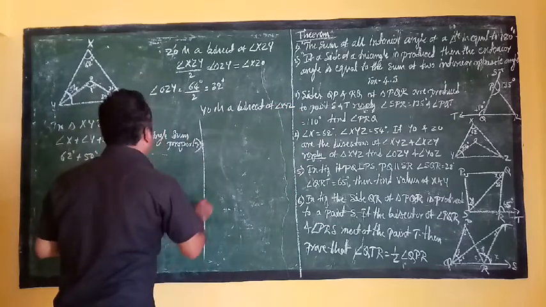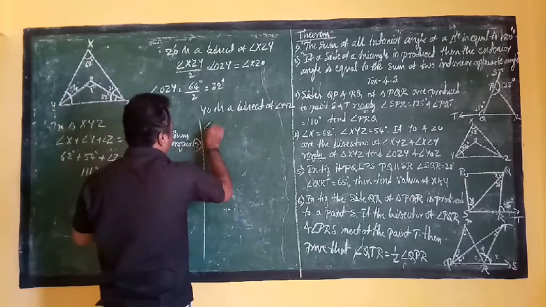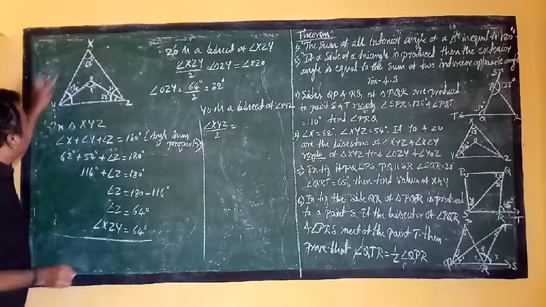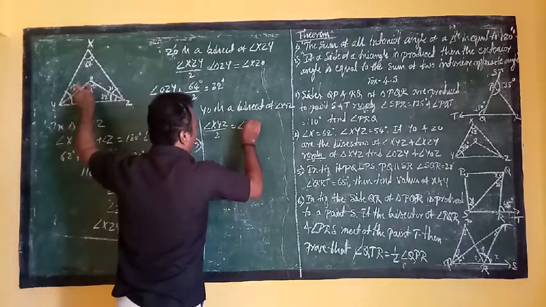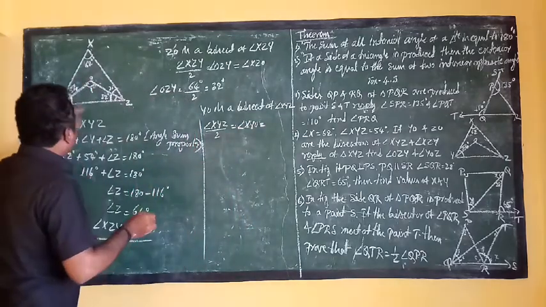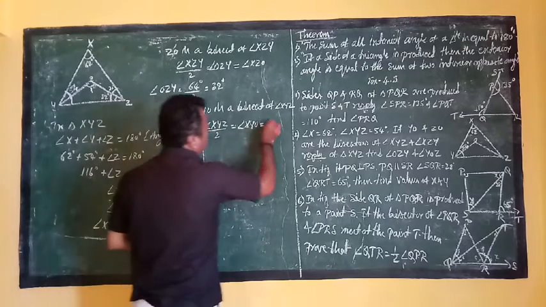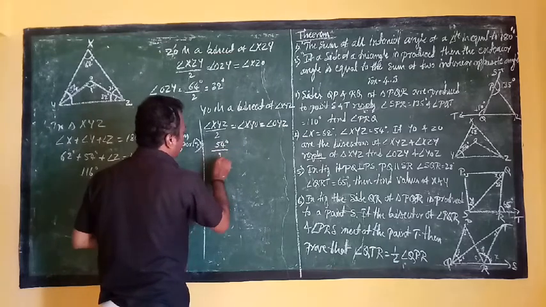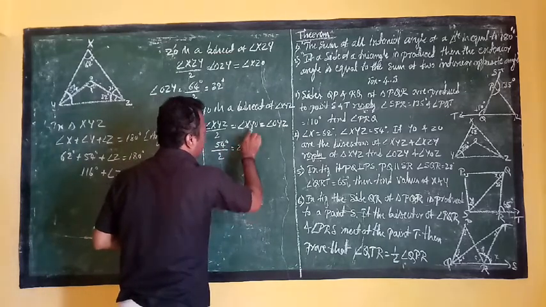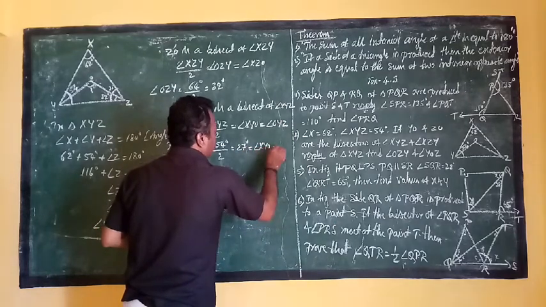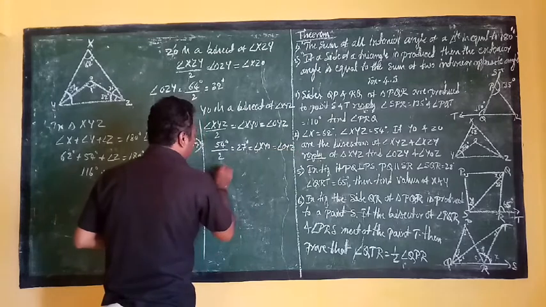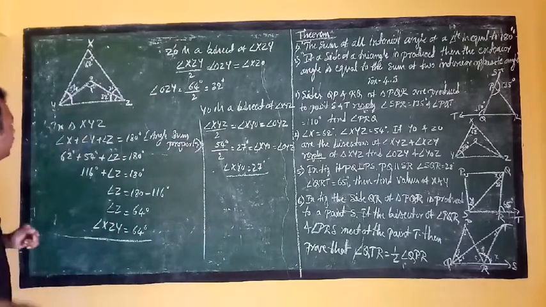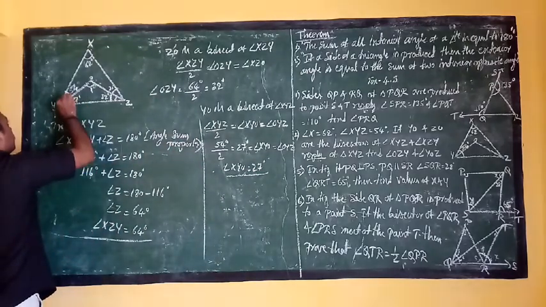So angle XYO is equal to OYZ, which is 54 divided by 2, so it becomes 27 degrees. Angle XYO is equal to OYZ, therefore 27 degrees. Finally, this is 27 degrees and this is also 27 degrees.